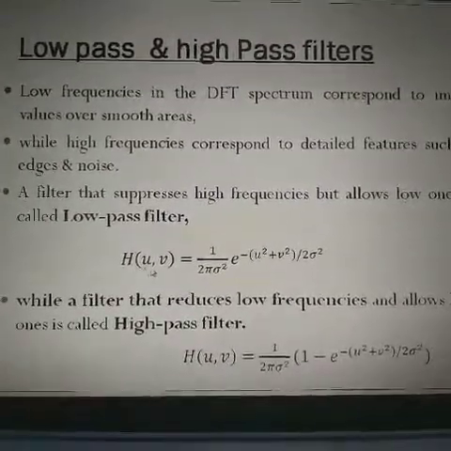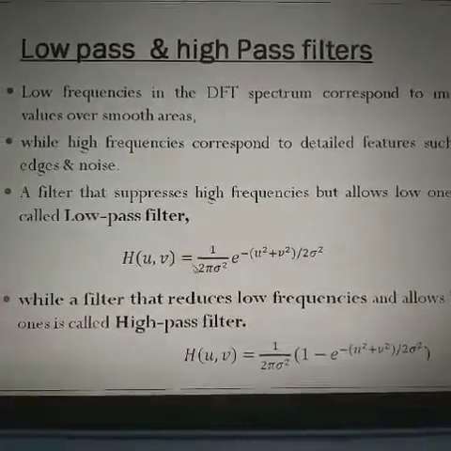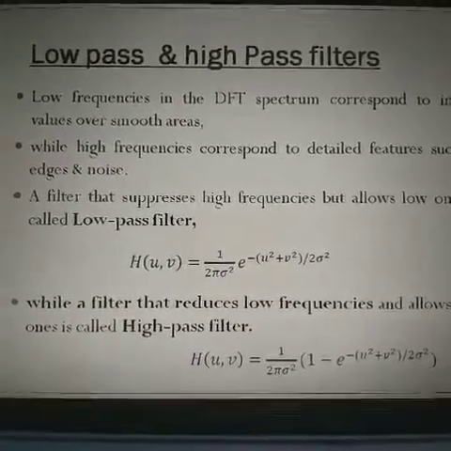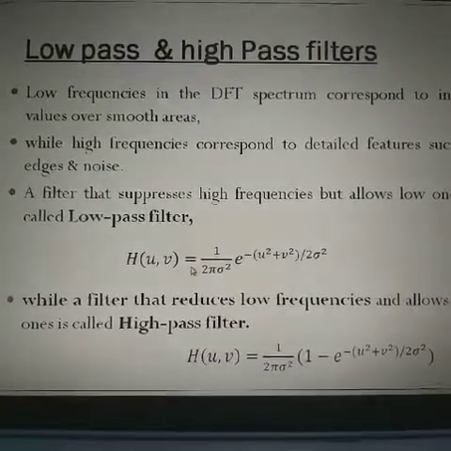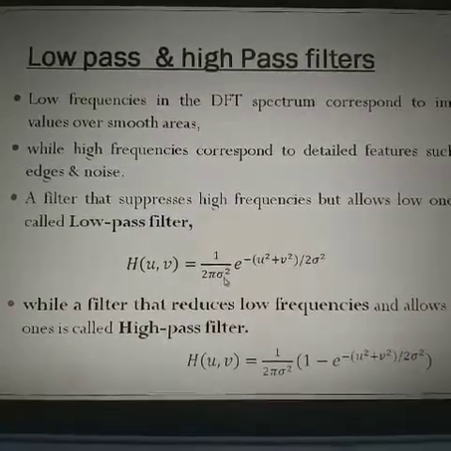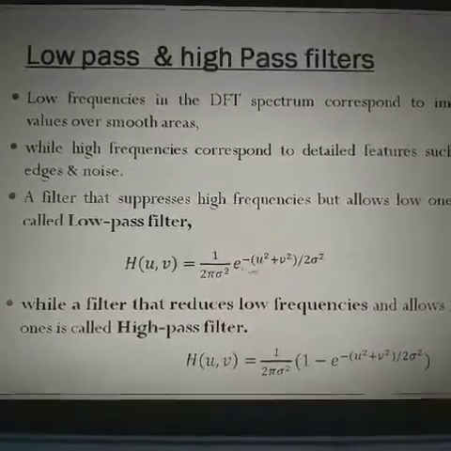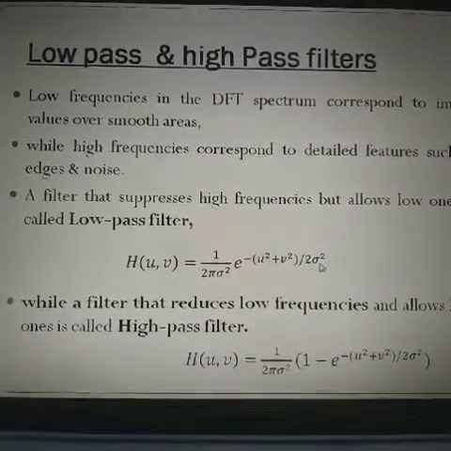Clear? It is expressed by the equation H(u,v) equals 1 divided by 2 pi sigma square, exponent power minus (u square plus v square) divided by 2 sigma square.